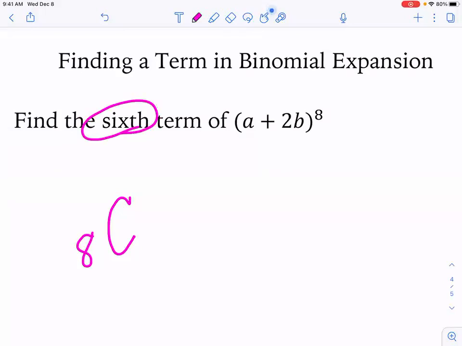For the 6th term. We only want the 6th term.